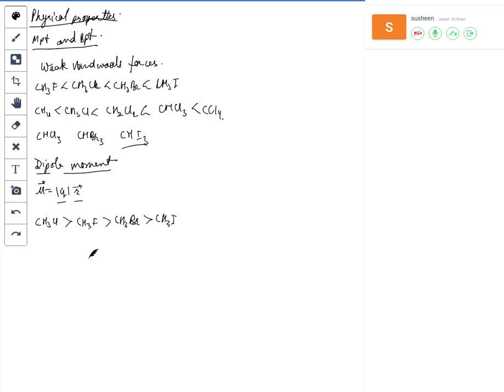This particular concept you have to remember. Yes, there is a reason, but the reason is something like we know the observation, and that is how we create a reason. Because here there are two factors: charge separation and bond length.